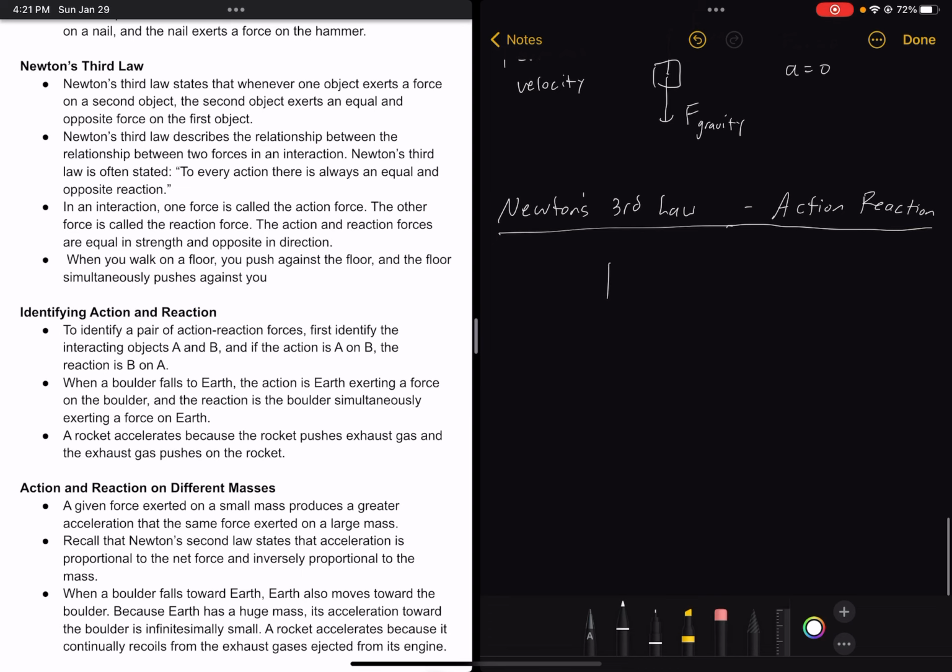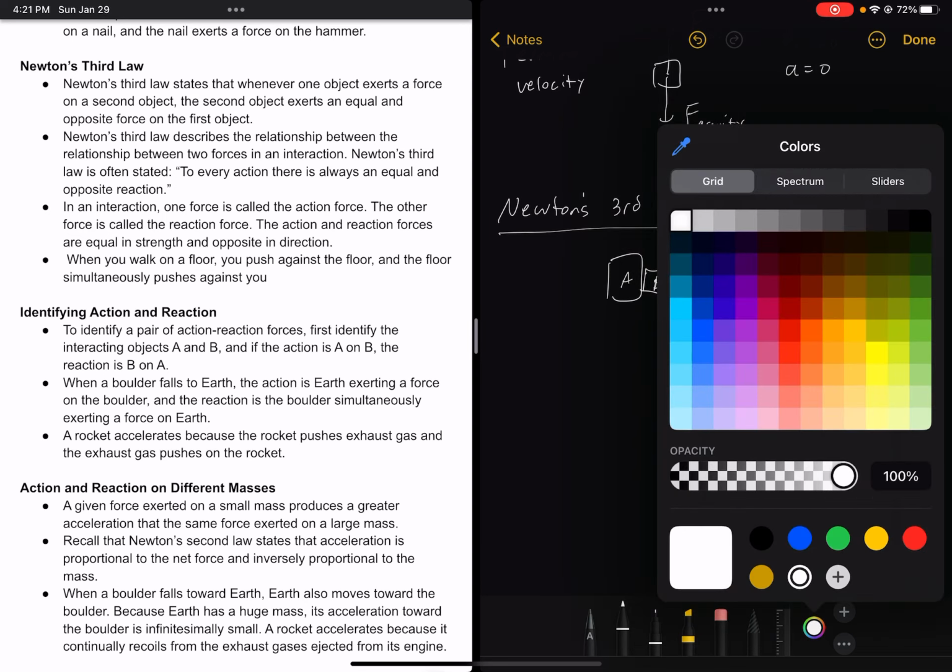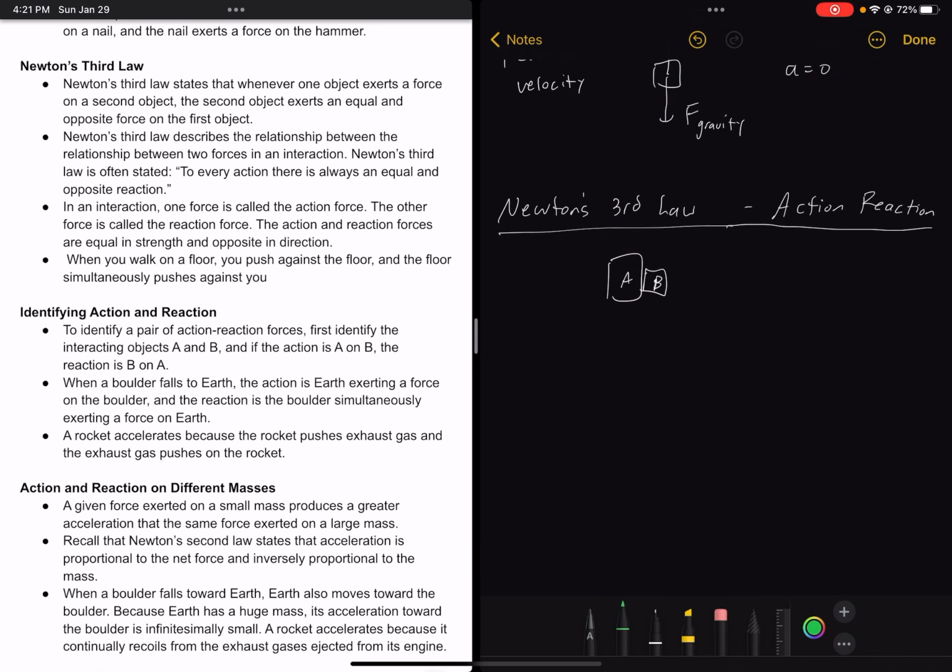Okay, so let's say I have it like this. Here's B. Actually, let me use different colors. So here on object B, there's going to be some force pushing it. I'm going to say that's the force of A on B. That's the action.